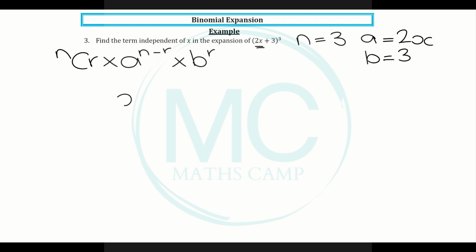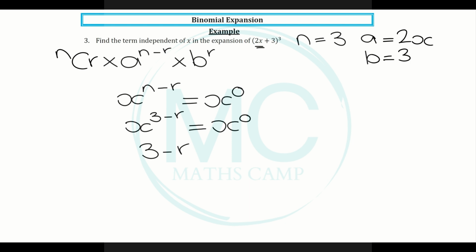So we can say that x with an exponent of n minus r is going to be equal to x with an exponent of 0. n is 3. So we're going to have x with an exponent of 3 minus r is equal to x with an exponent of 0, which means that 3 minus r is equal to 0, which means that 3 is equal to r. Let's make a note of this up here.